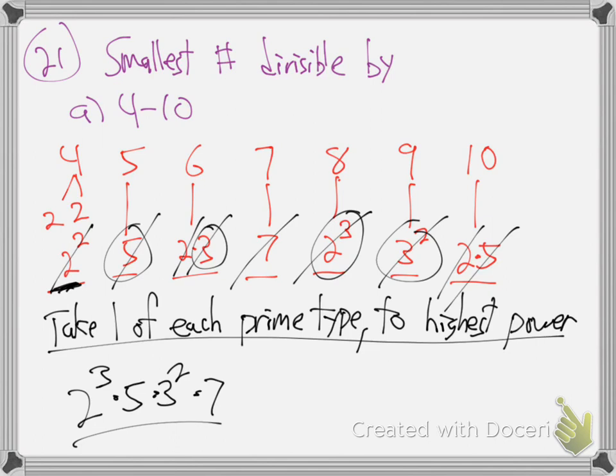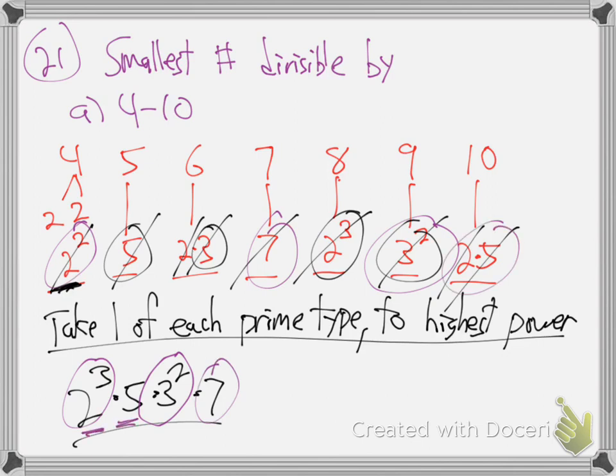Like if I said, where is 3 squared? It's right there. Where's 2 squared? It's inside that 2 cubed. Where's the 7? It's right there. Where's 2 times 5? There's a 2 here and a 5 there. And on you go. See how that's the smallest thing that contains all their pieces? So they would all fit in. That's the smallest number they'll divide into.